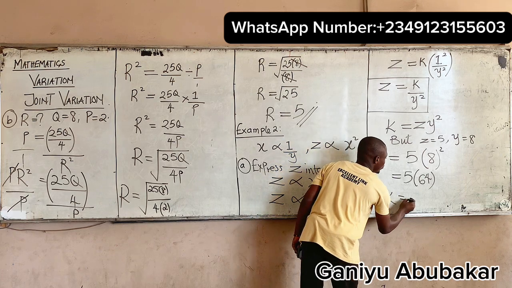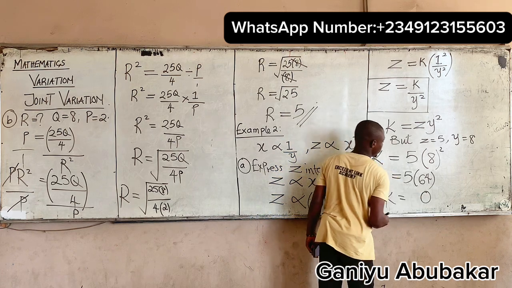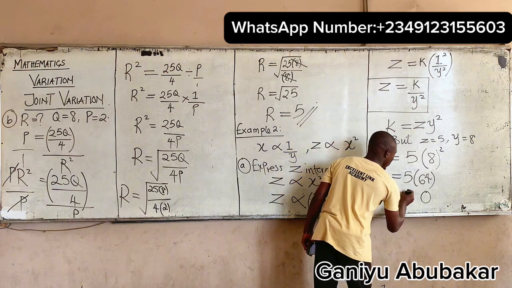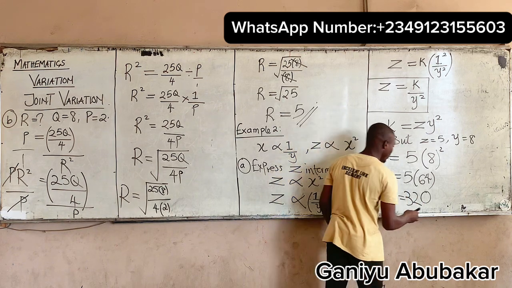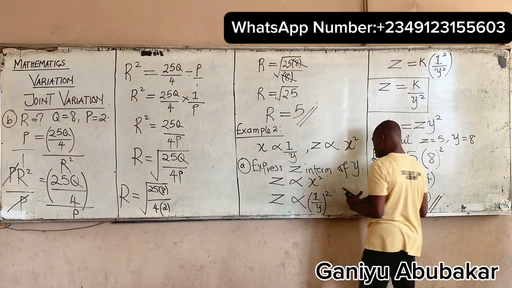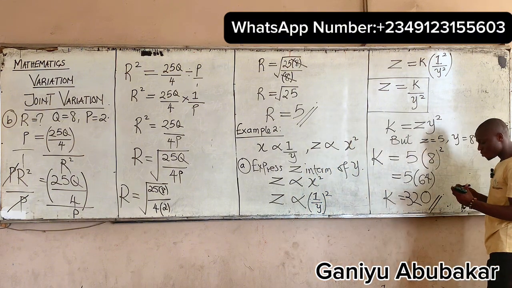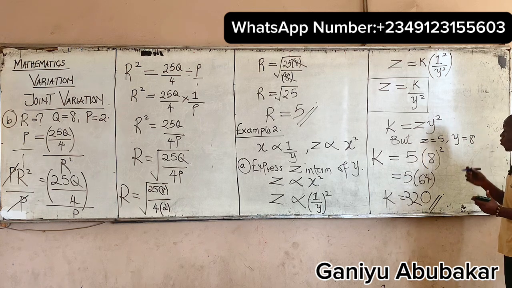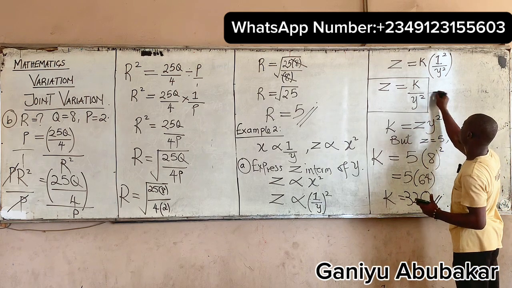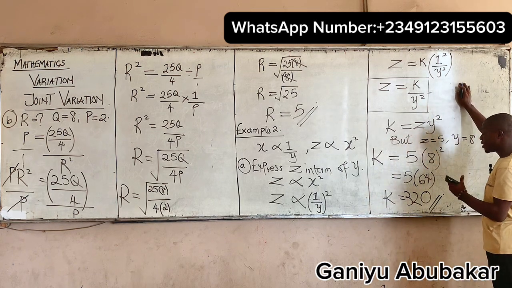K should be equal to 320. Yes, k is 320. So I've expressed z in terms of y, which is this equation here, and also found k.